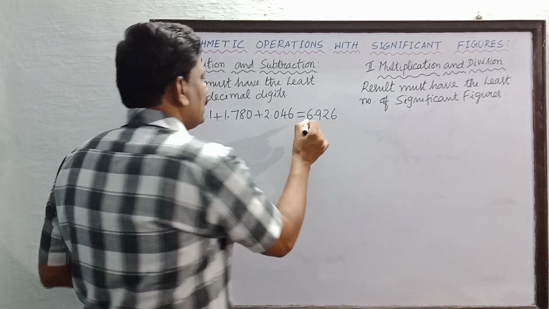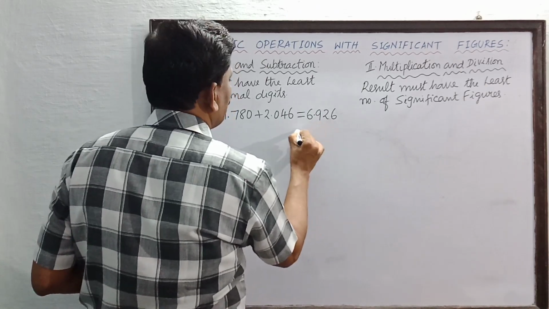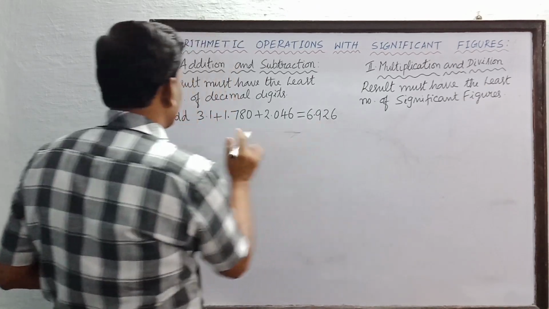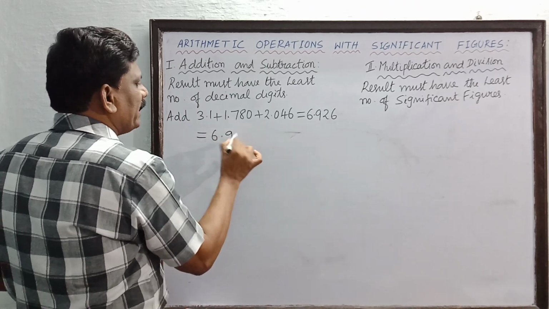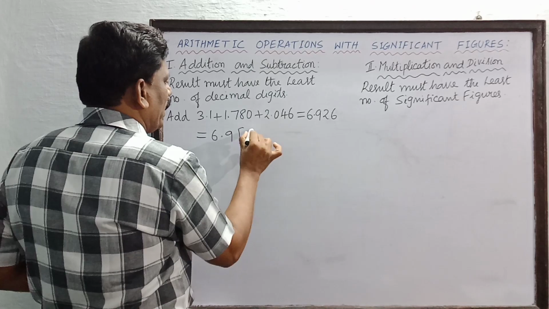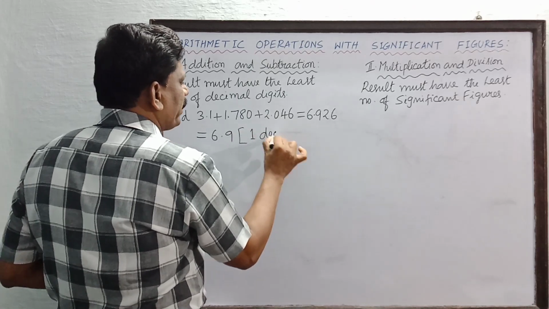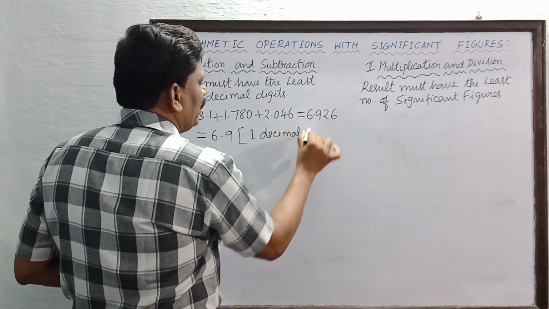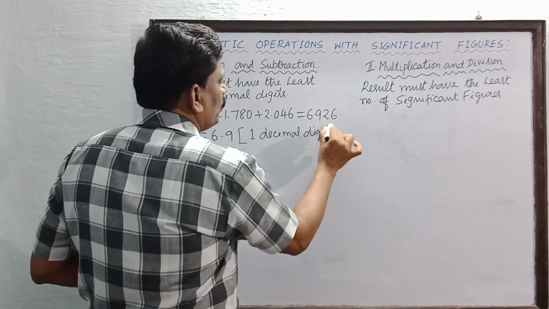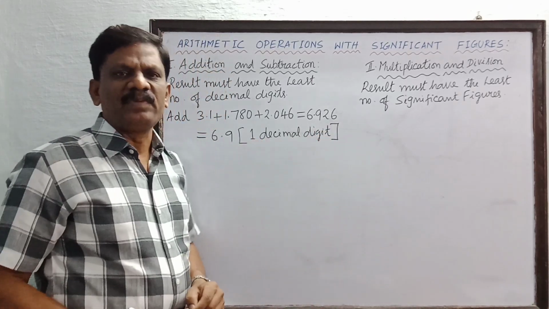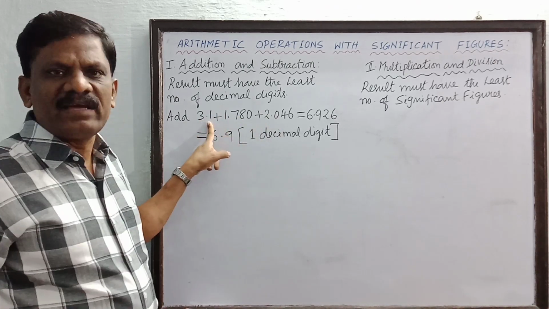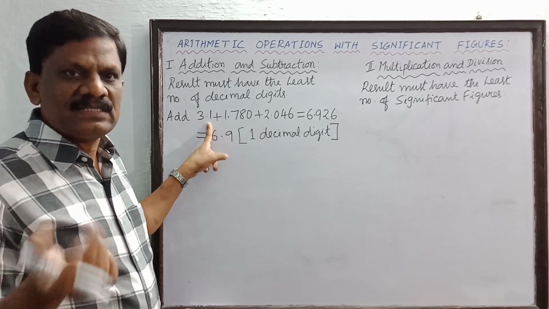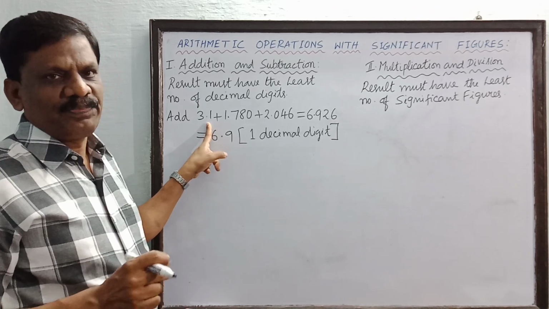So the answer is equal to 6.9, that is 1 decimal digit. So why only 1 decimal digit is permitted? Because out of the 3 given numbers, 3.1 is having only 1 decimal digit. That is the correct answer.